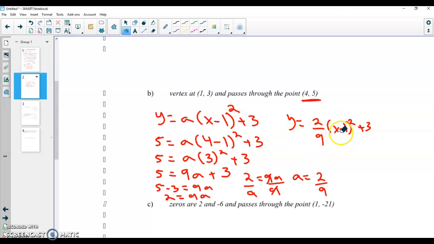We're not quite done yet. We do need to expand in order to find the standard form.